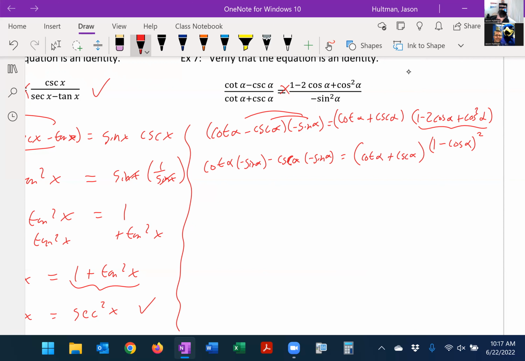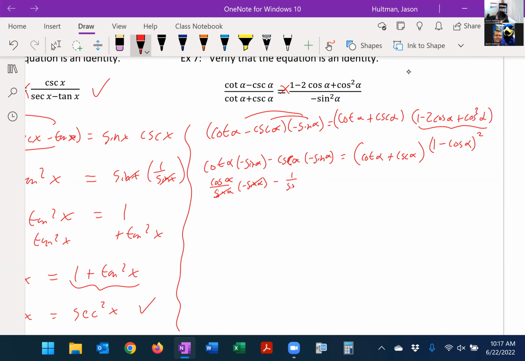So this cotangent alpha, I'm going to change everything to sines and cosines to see what I'm dealing with. This becomes cosine alpha over sine alpha times negative sine alpha, so those sine alphas are going to cancel.